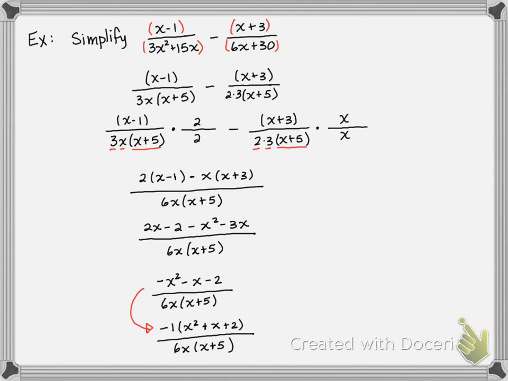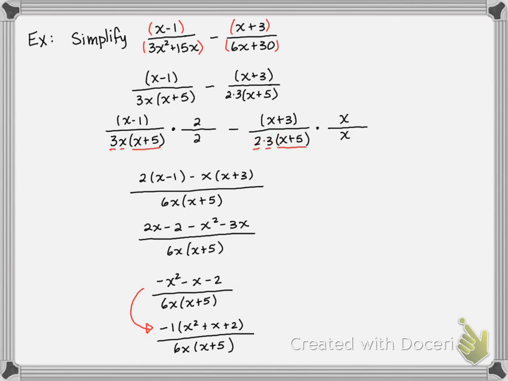Can you show me again how we got 6x times (x plus 5) for our denominator? So I just multiplied the 2 and the 3 to get the 6. And then we got the x from the other side.